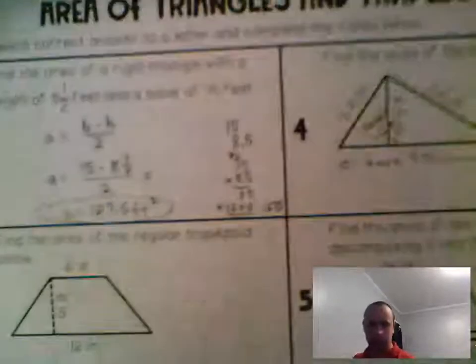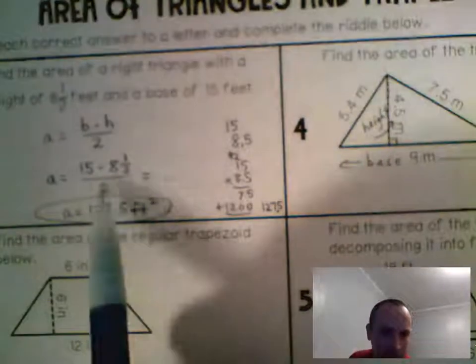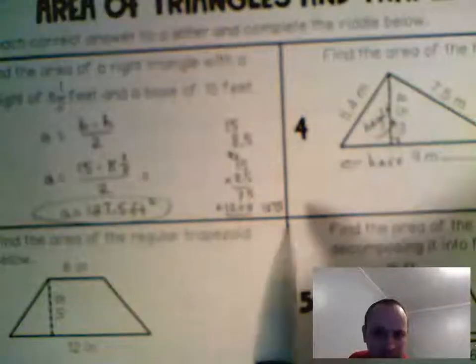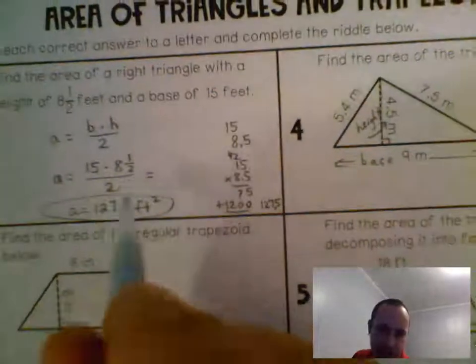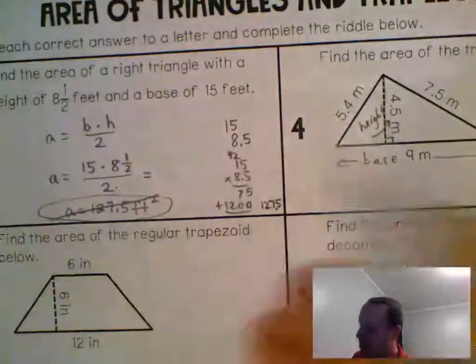Actually, when I came back to this problem, now that I'm thinking of it, I don't think I divided by 2 because I multiplied these out, and now I have to take half of that because I have this divided by 2. So that is not my answer.